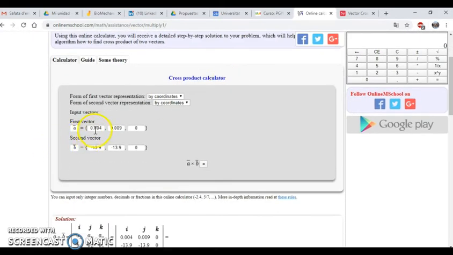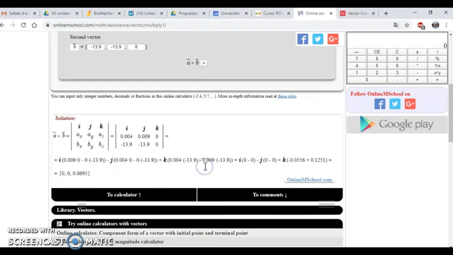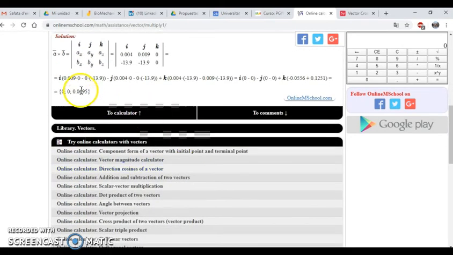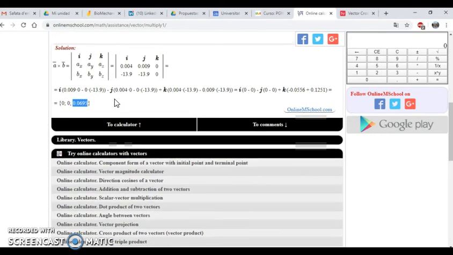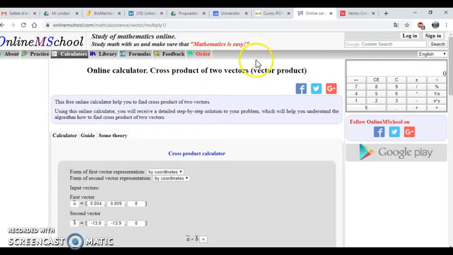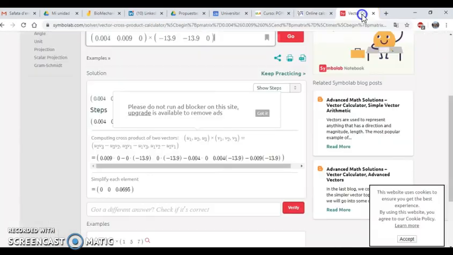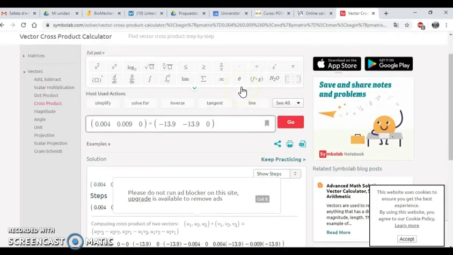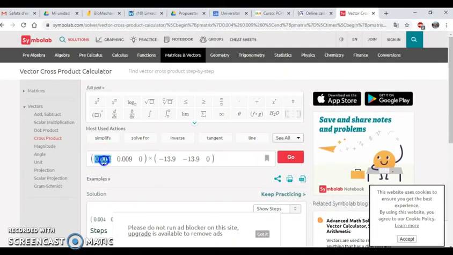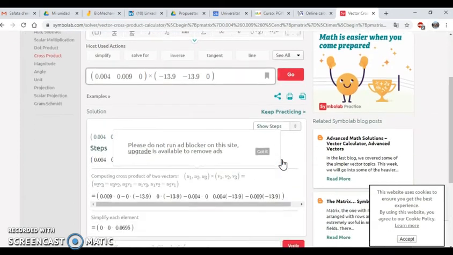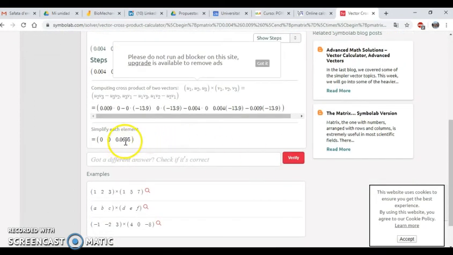If we put the distance vectors and the force vectors, and we try to obtain the result, this is the cross product. It's exactly the same. And if we prefer to use the other tool, which is that one, is the same. We can put here the distance vector, and if we say go, the main calculation as a result is exactly the same.